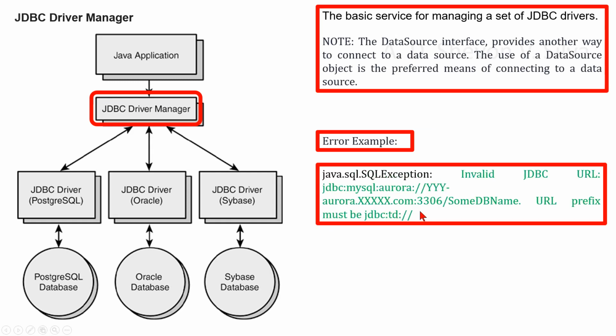As an error example, we can consider this one: invalid JDBC URL jdbc:mysql aurora://YYY aurora.xxxx.com:3306/some DB name here, and the URL prefix must be jdbc:jd//.